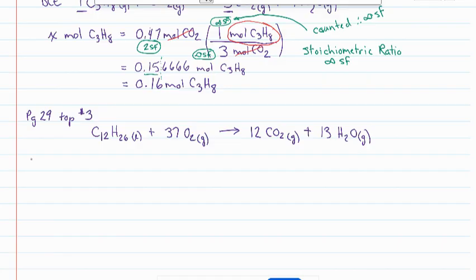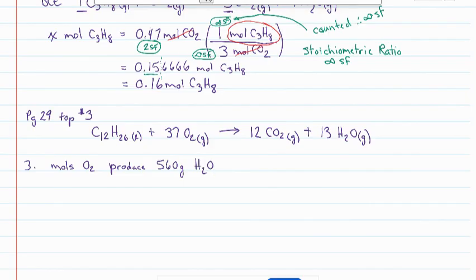Okay, and then question number 3 asks us, how many moles of oxygen are required to produce 560 grams of water? So we're looking for moles of O2 to produce 560 grams of water.